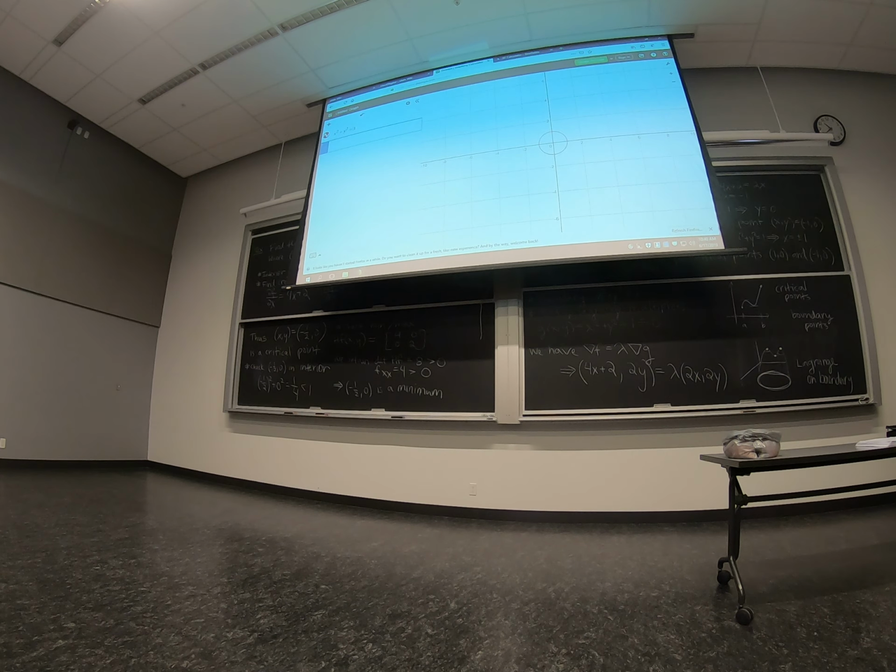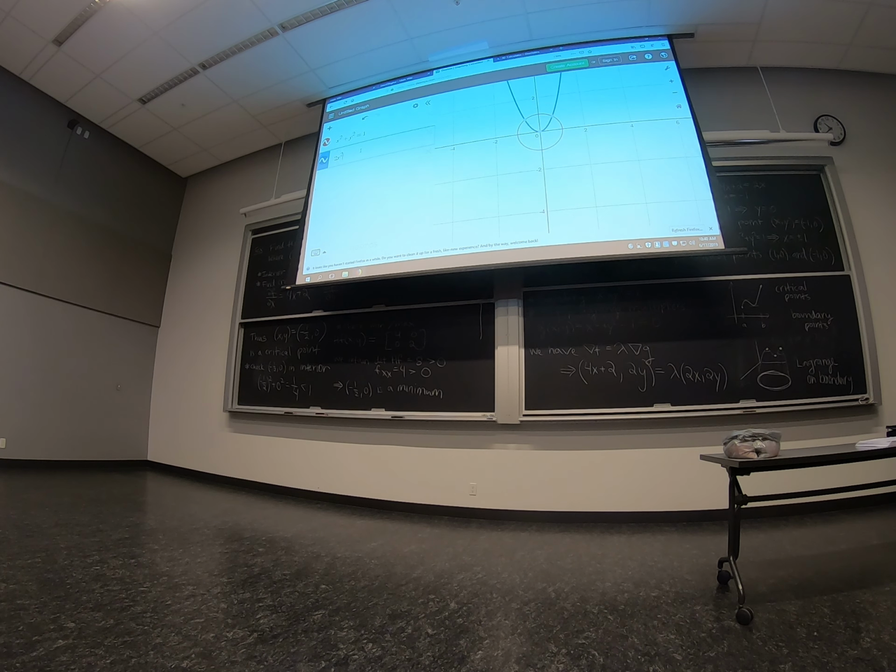Okay, so what do we got? In our question, we've got a circle as our constraint, and then our level curves look something like this.